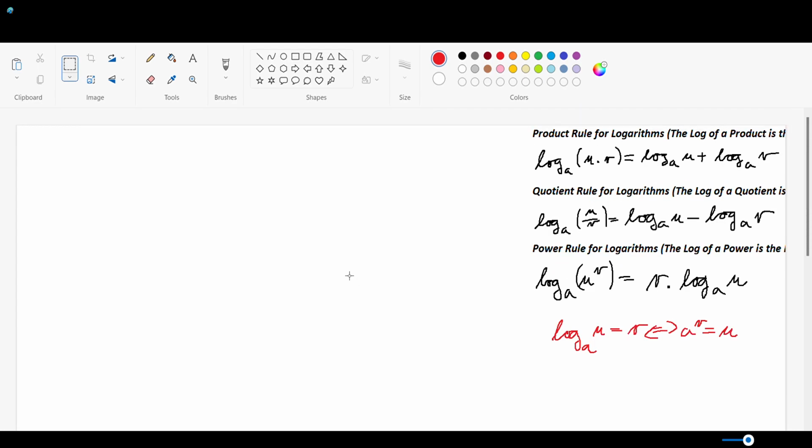For solving the tasks when we want to rewrite the expression as a single logarithm.